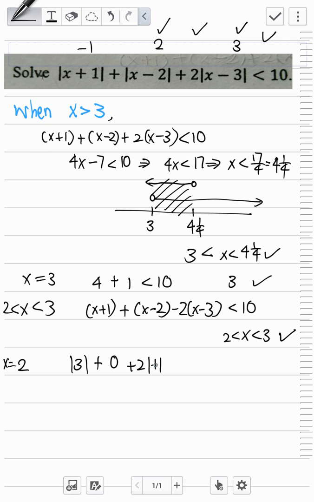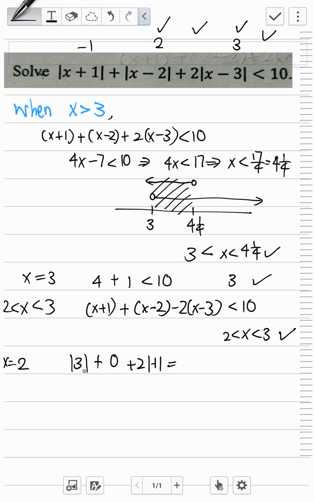Then this one will give me 3 plus 2, which gives me 5 also. 5 is smaller than 10, so it's satisfied. That means I will accept my value 2.